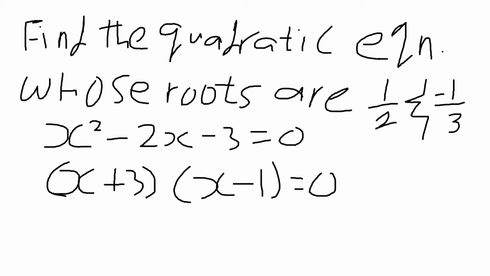So if we solve it, eventually we will get our x to be minus 3 and positive 1. So negative 3 and positive 1 are the roots of this quadratic equation, while x plus 3 and x minus 1 are the factors.